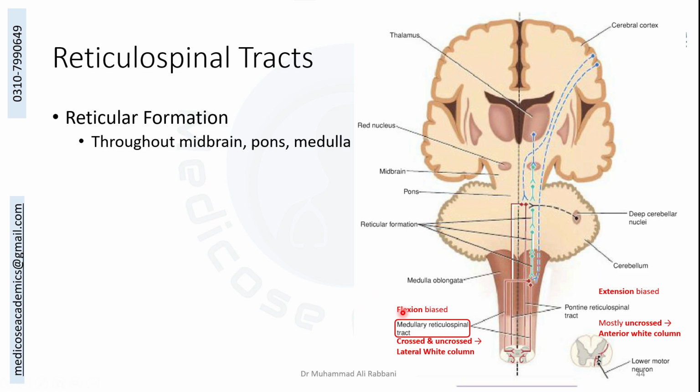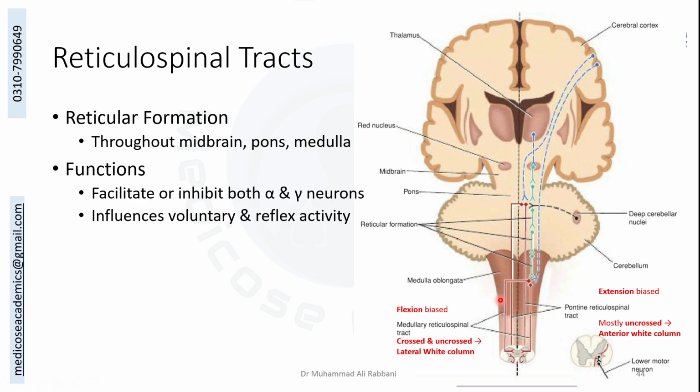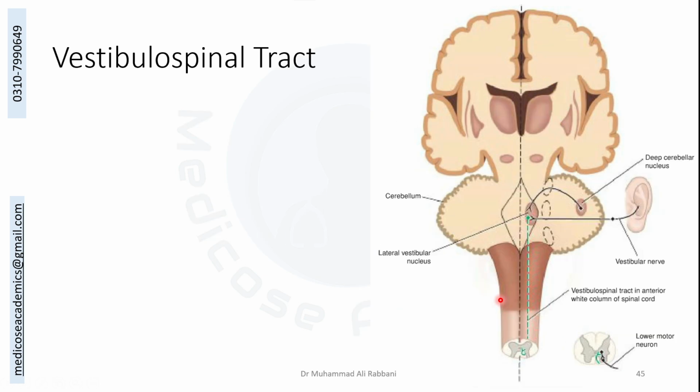And keep in mind the word mostly, because in this picture, both crossed and uncrossed components are found. So these tracts have both crossed and uncrossed components, but we are talking about the majority being crossed or uncrossed. Influences voluntary activity.